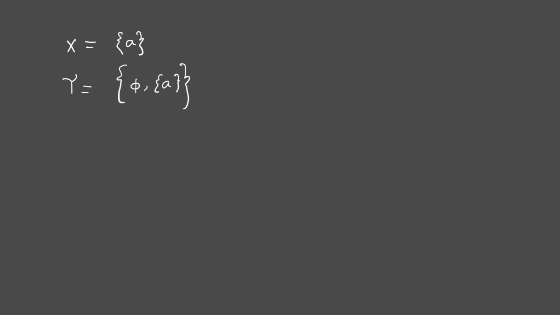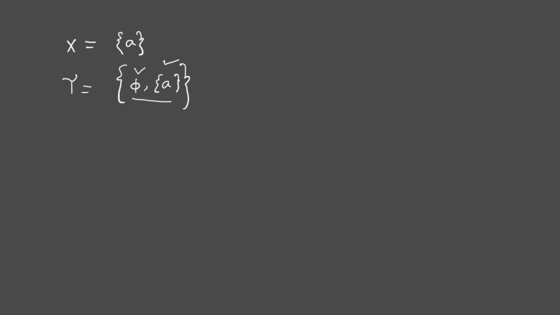If we check whether this is a topology or not, of course it is a topology, because when we take the union of phi and A, our answer is A, and of course tau contains A, according to the first property. The second property: when we take the intersection of phi and A, our answer is phi, and phi of course exists in tau, so the second property is also satisfied.